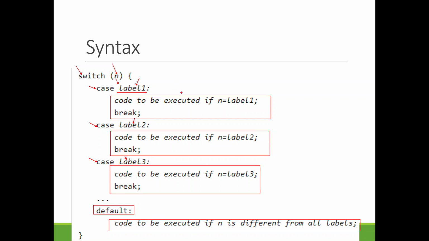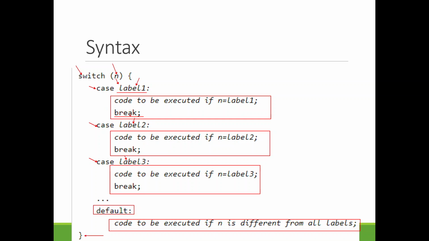So, what can we say? Here, each block of code that can be executed ends with the keyword break. Reason being, break is used to bring the execution to the line after the end of the switch.